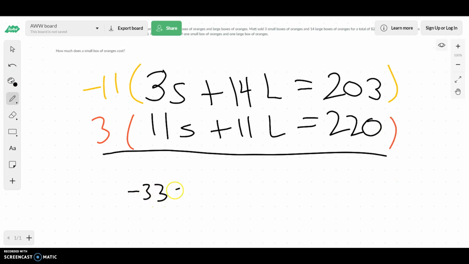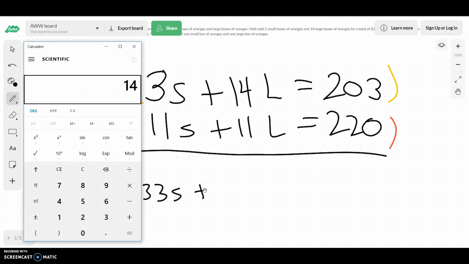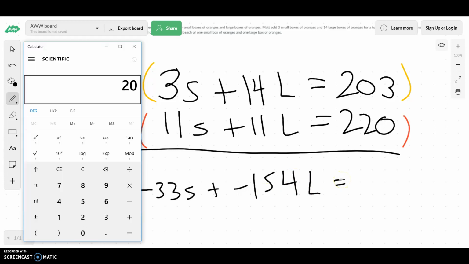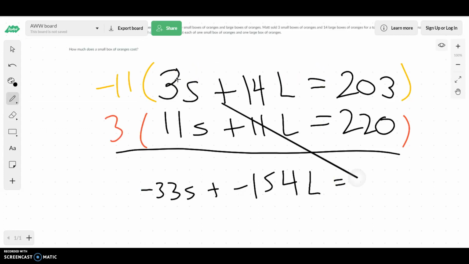We should get 33s plus, I'm going to do this off on the side, negative 154l equals 2,233.